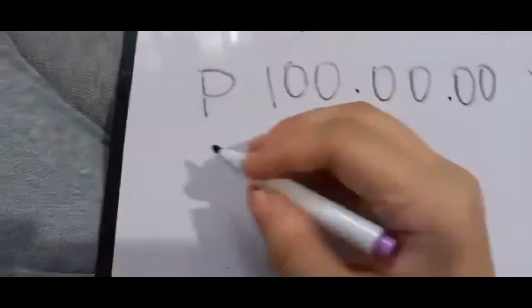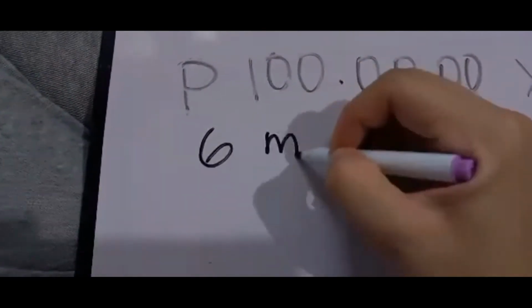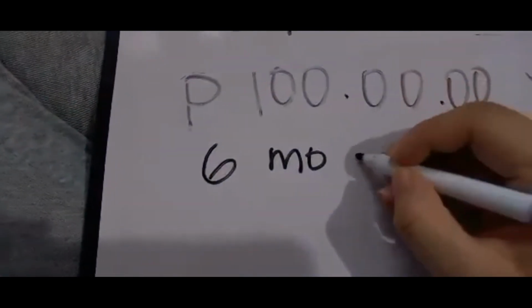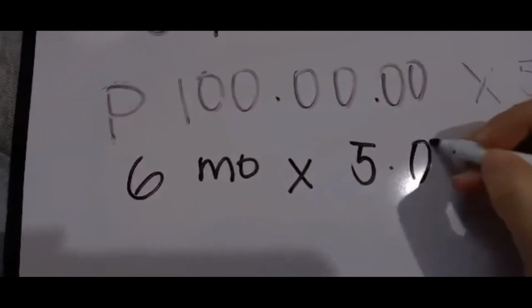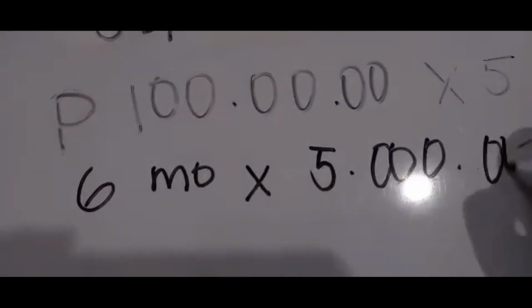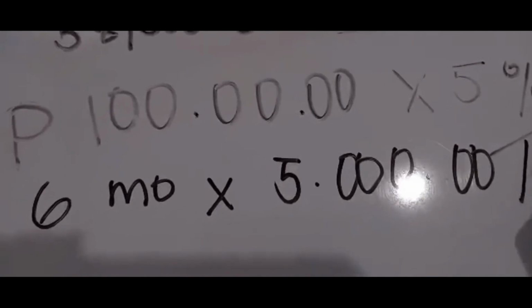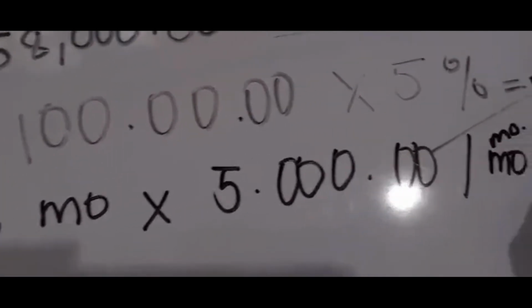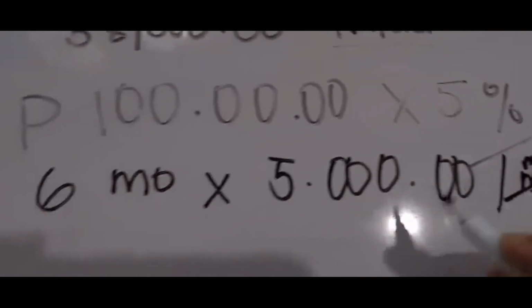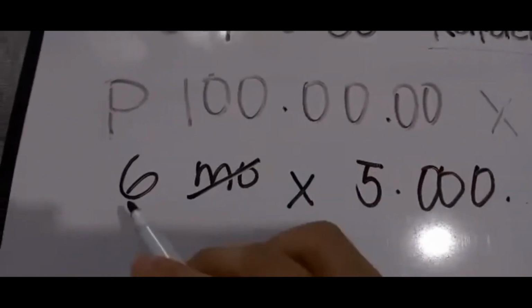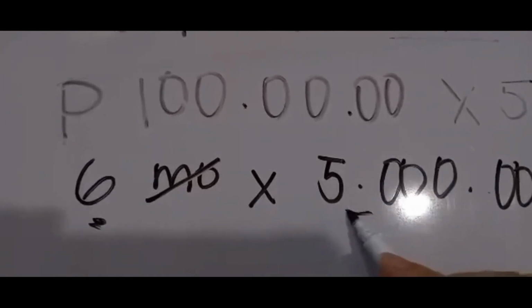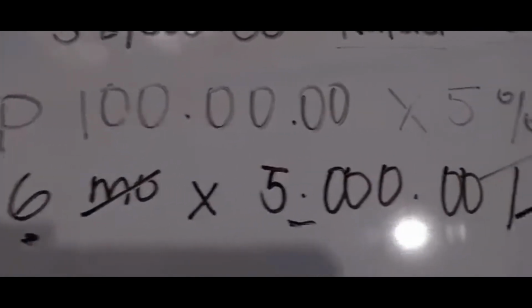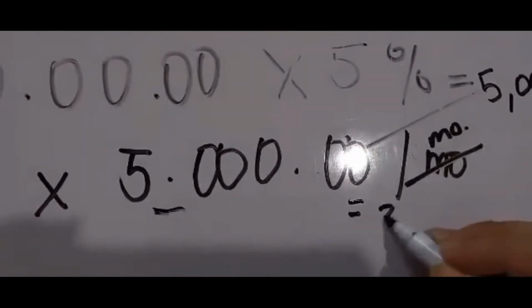For 6 months, times 5 thousand pesos per month. You need to cancel the months. So we multiply 6 by 5 thousand pesos, and the answer will be 3.